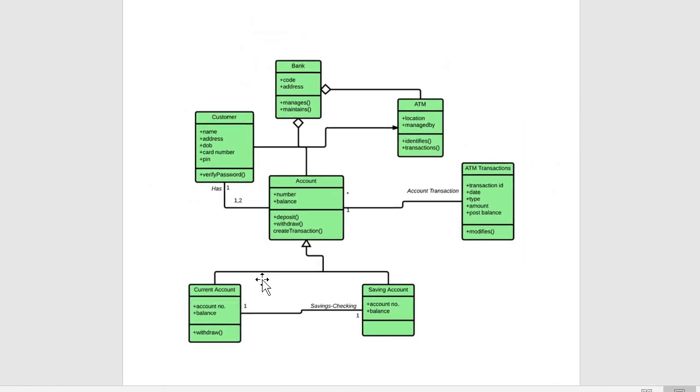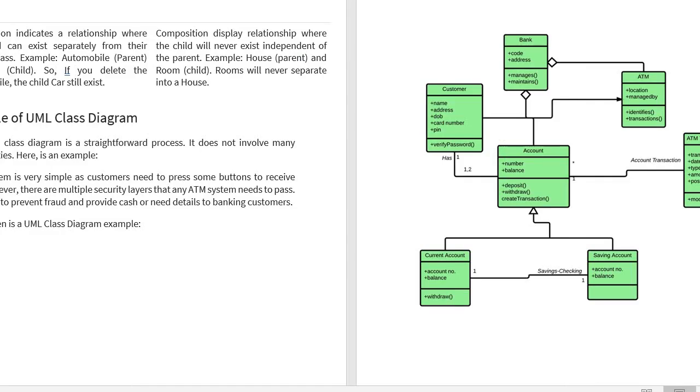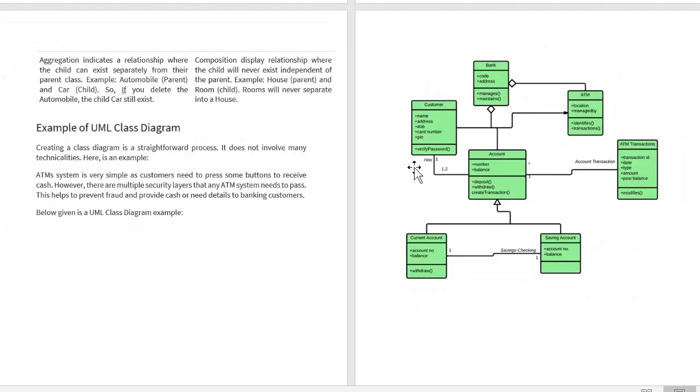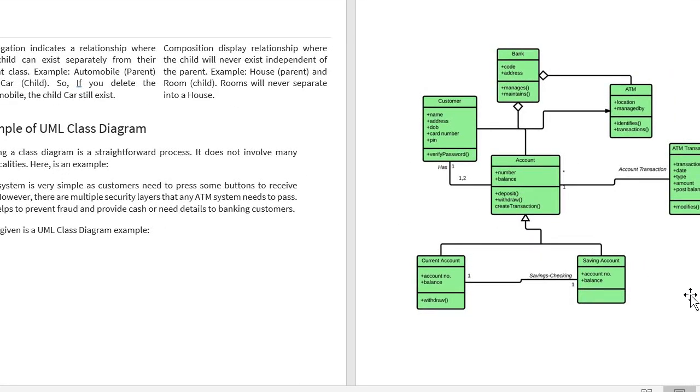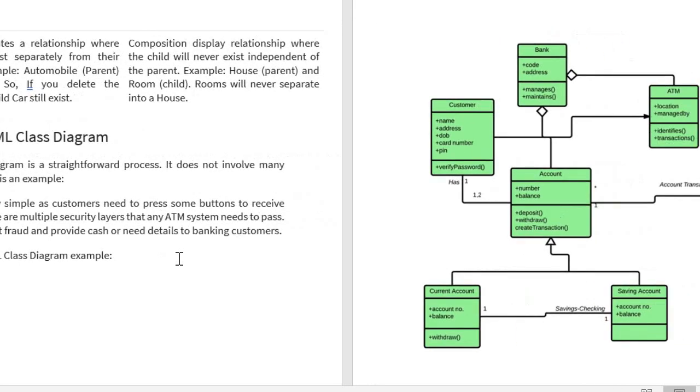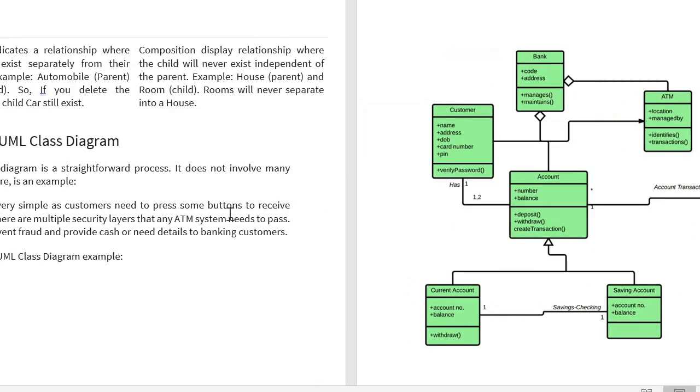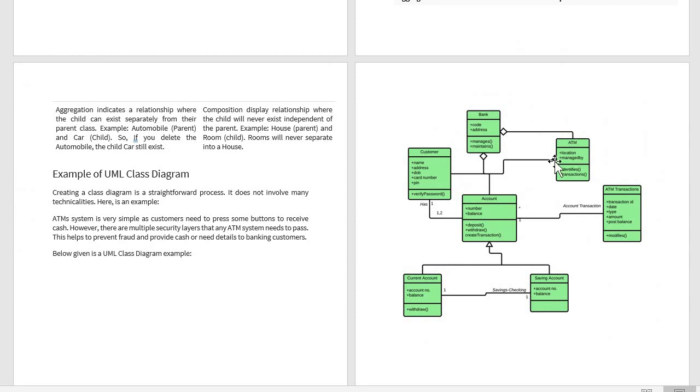In this diagram, there is a bank class, then customer, ATM transactions, account, current account, and savings account.